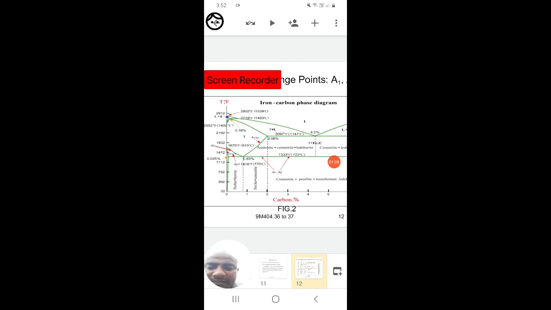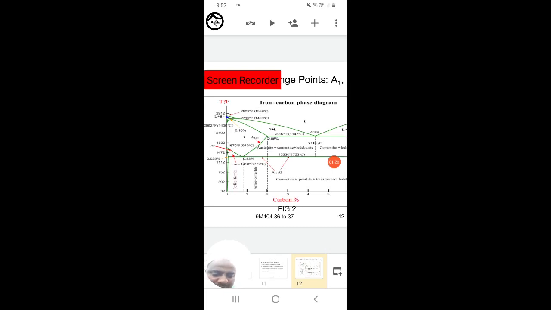So the first part, 0 to 0.8, is called the A1 line, the lower critical temperature line.